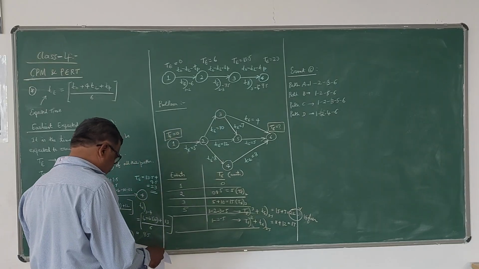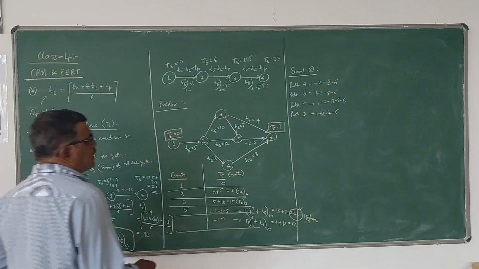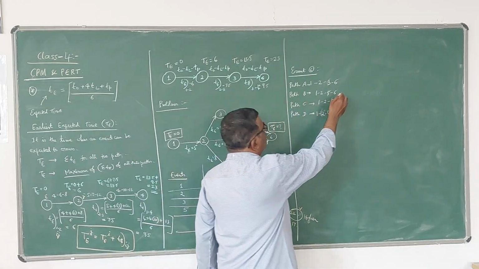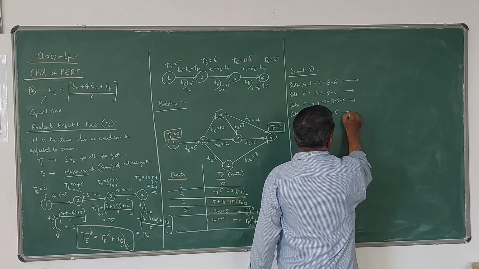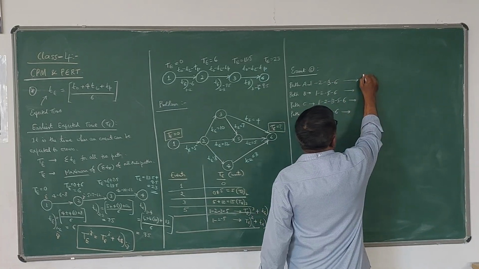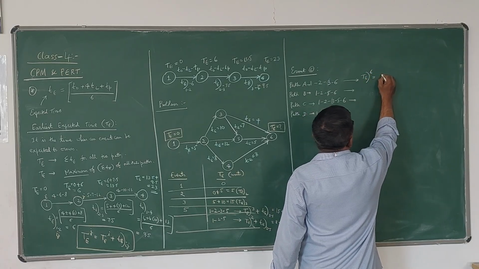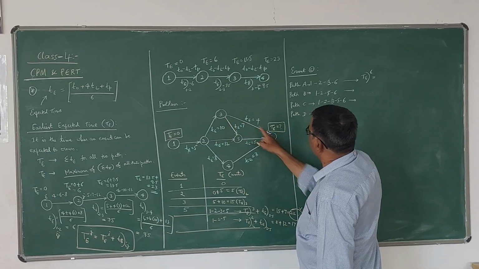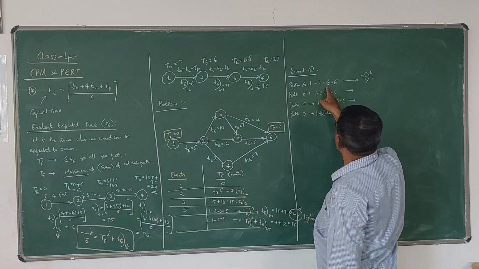Now let us calculate the T value for the last event 6 due to all the 4 paths. You should be careful here now. We will get 4 values of TE. So TE6 from the first path: the predecessor of 6 is 3.